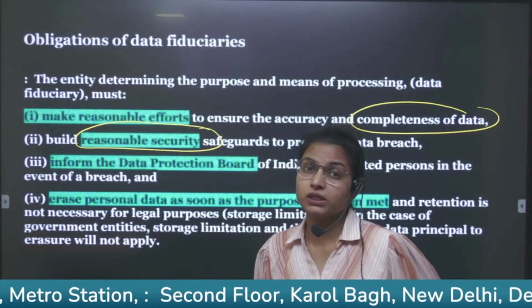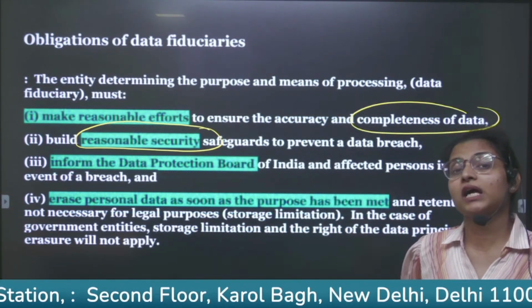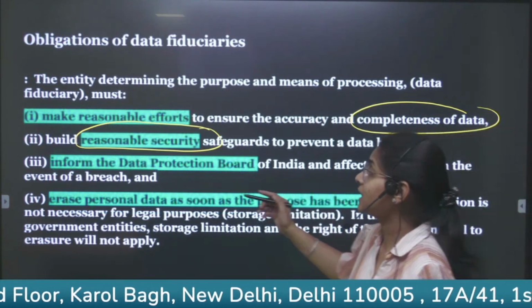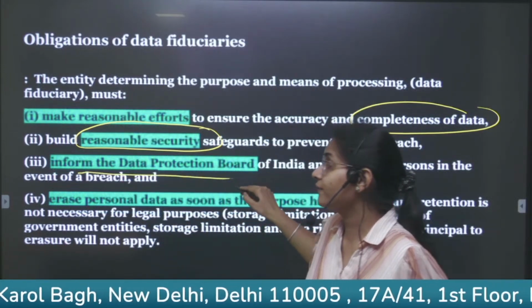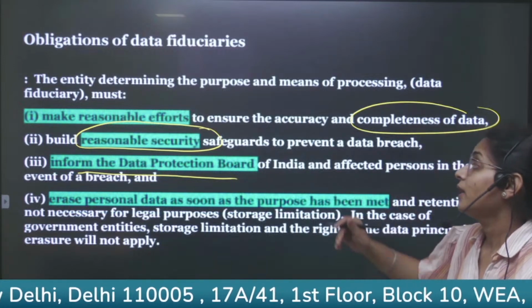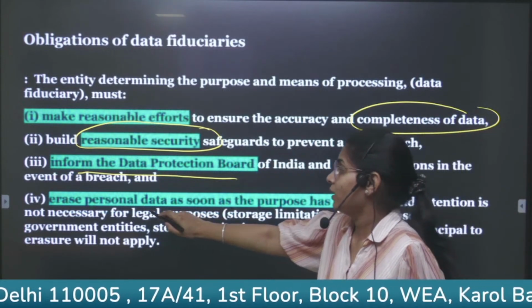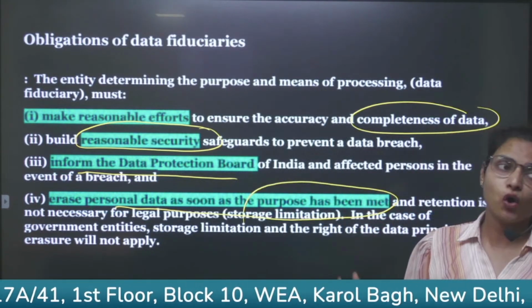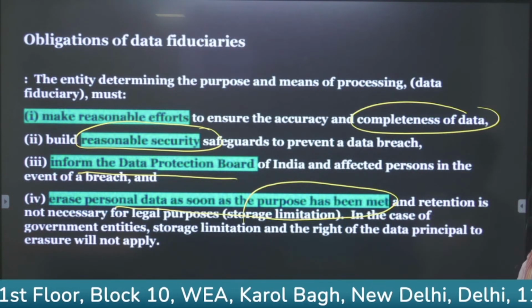Now we have to see there is a need of cyber security in India, as the data is very important, and if it is lost, then it can lead to a hazardous situation, and we need to erase the personal data as soon as the purpose has been met. I have already told you the right to erasure has been given.